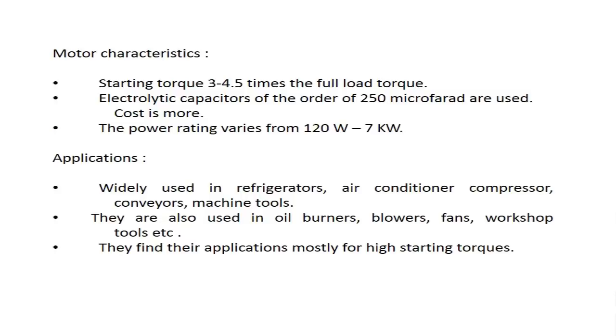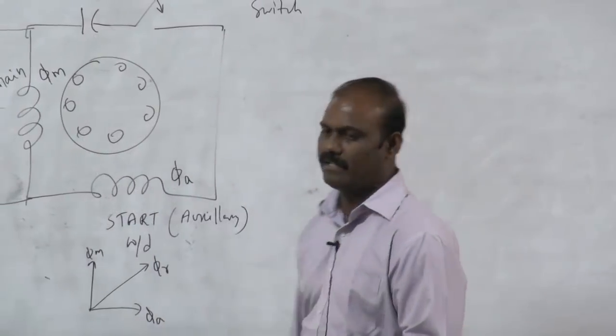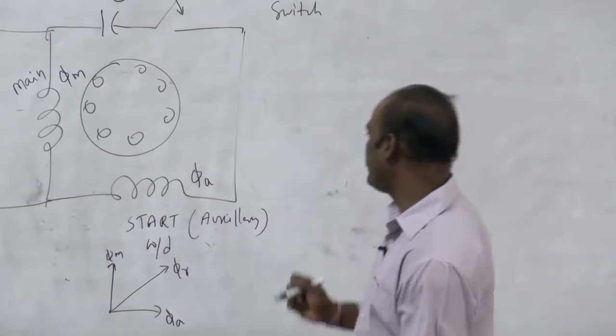So when you place a capacitor here, the angle between the two fields, this is phi m, and the start winding or auxiliary winding phi a, the resultant will be phi r, right? And both the fluxes are 90 degrees apart, so at every time you can find out the equivalent flux which will be rotated.